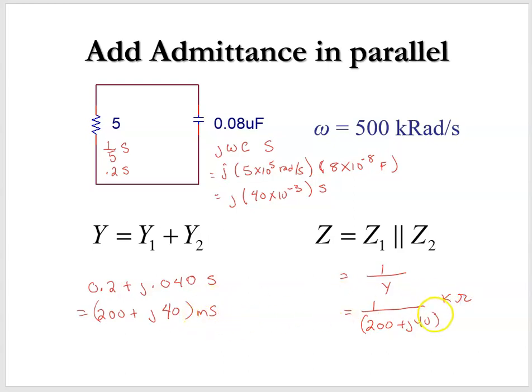So we'll bring the milli up to the numerator, and then we can do that calculation. When we convert this to polar form, this is equal to the square root of 200 squared plus 40 squared. On my calculator, that's 203.96.